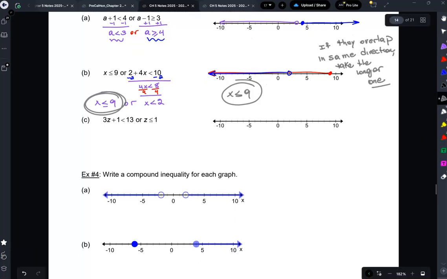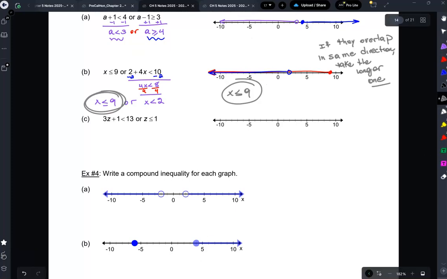All right, let's do this. So minus 1, I'm going to get 3z less than 12. Divide by 3. z less than 4. Yeah? Oh, this one is already solved. So, or z less than or equal to 1.